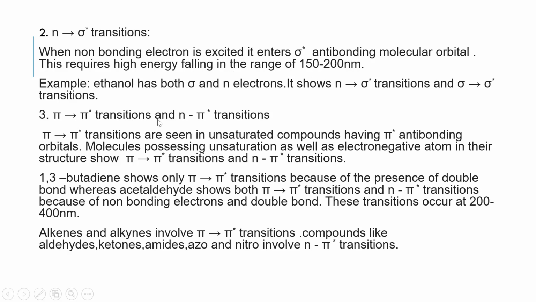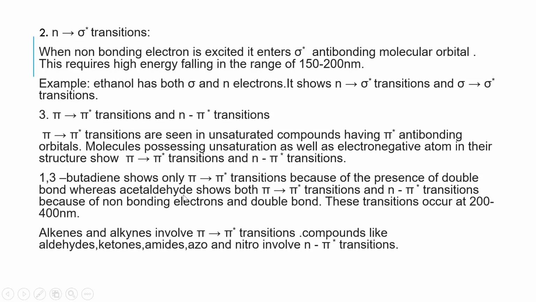Next, pi to pi star and n to pi star transitions. Pi to pi star transitions are seen in unsaturated compounds, and unsaturated compounds containing electronegative atoms show both pi to pi star and n to pi star transitions. For example, 1,3-butadiene contains double bonds and so contains pi electrons, so it shows only pi to pi star transitions.